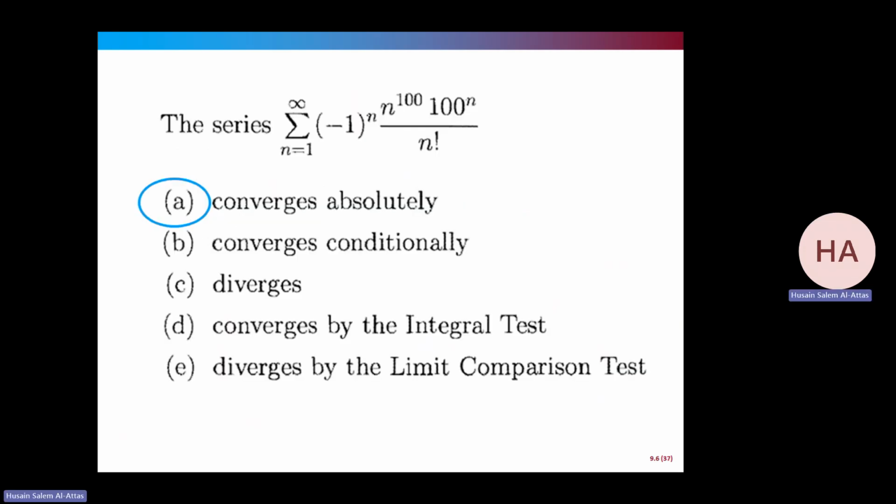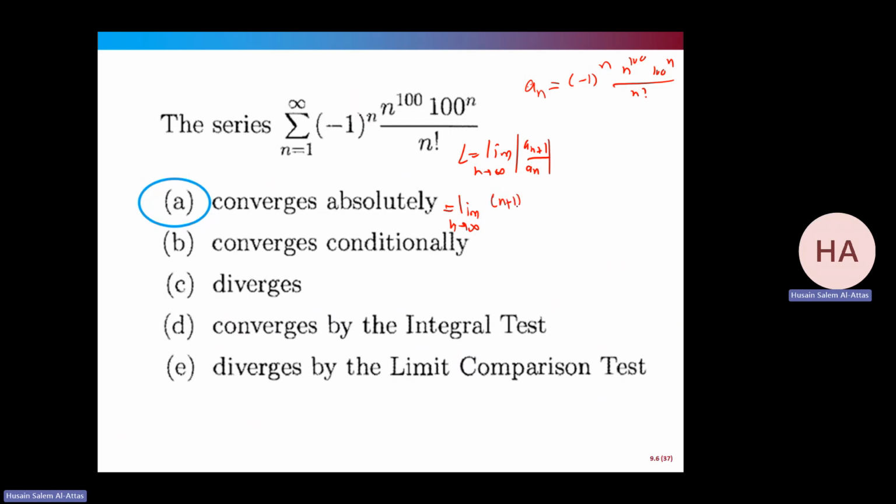This one, how to think about it? I would think about the ratio test for sure. So a_n will be this. What will L be? The limit of the absolute value of a_(n+1) over a_n, and the absolute value will kill the minus sign, so no need to worry about it. Let me write it here to give it more space.